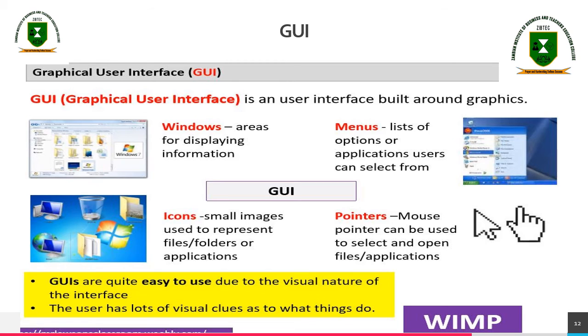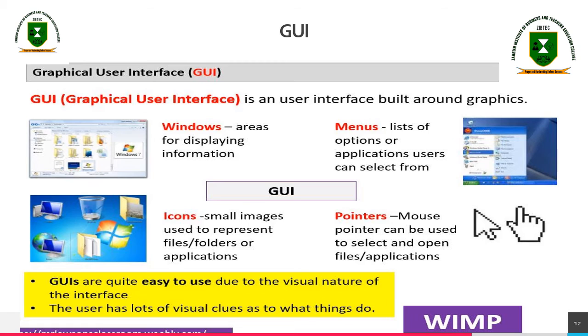GUIs are quite easy to use due to the visual nature of the interface. What they mean here is, for example, the first example is the folder. If you want to open the folder, you can just double click it, it opens. Or if you want maybe to rename the folder, you can just right click. That's very easy to use compared to the other user interface, which is the command line interface.